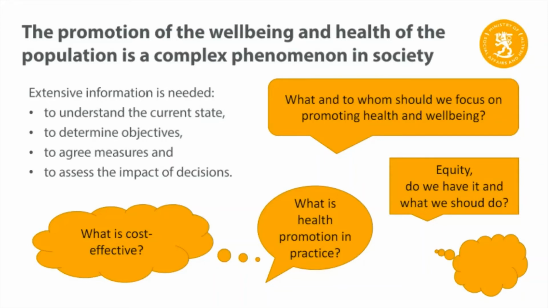For example, information is needed to understand the current state. What is the current state in our society right now? And also, what are the objectives? What are the goals? Where should we go? And also, we should have some kind of agreements on the measures, what we should do.